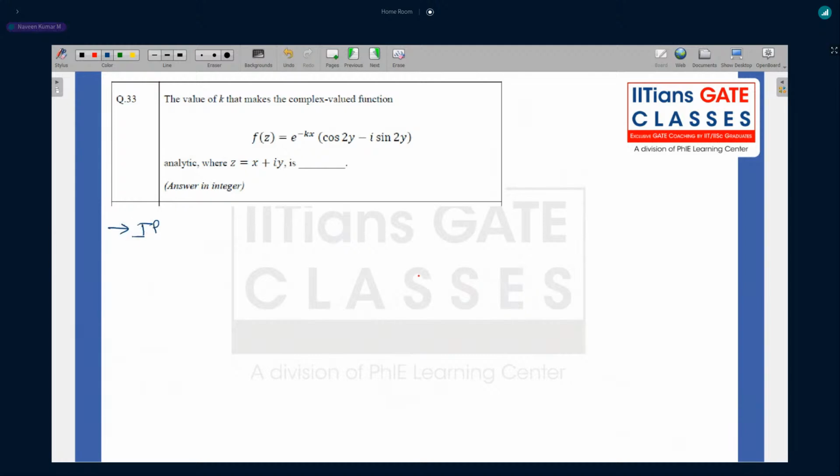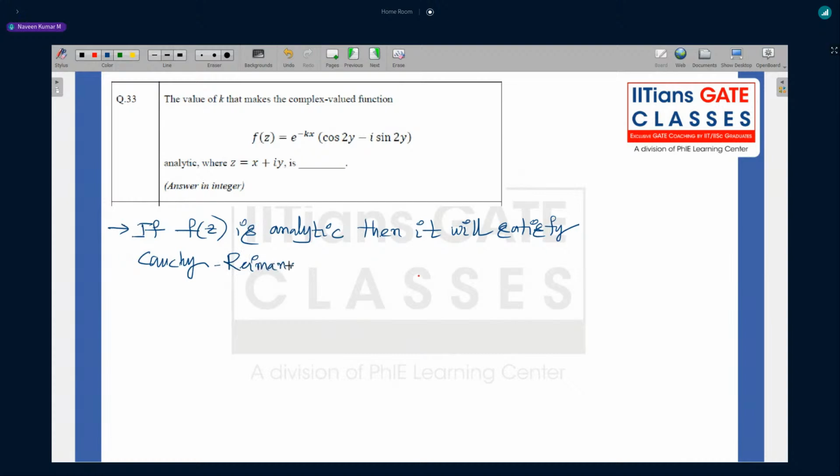If the function f of z here is analytic, then it will satisfy the Cauchy-Riemann equations. What are CR equations? We have to assume.